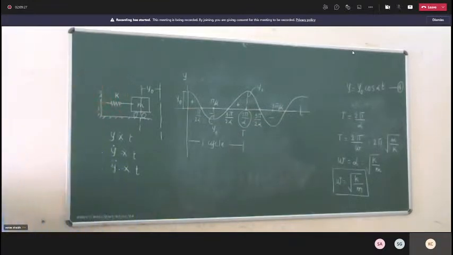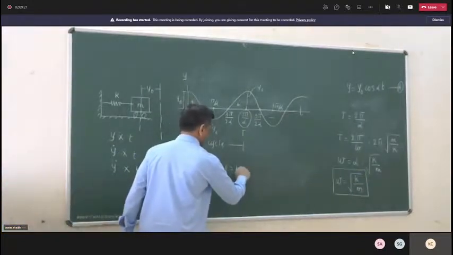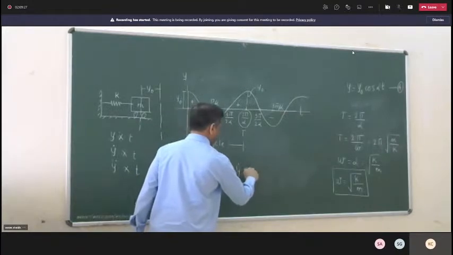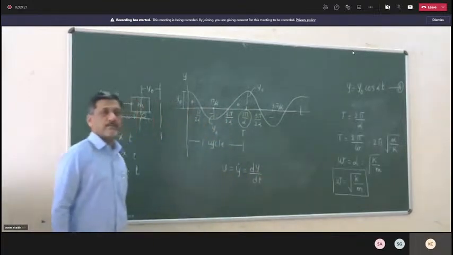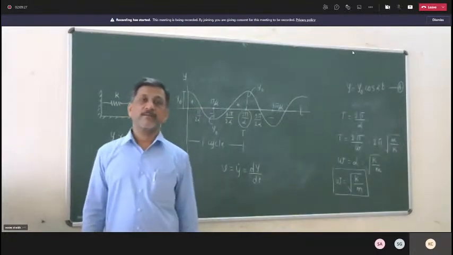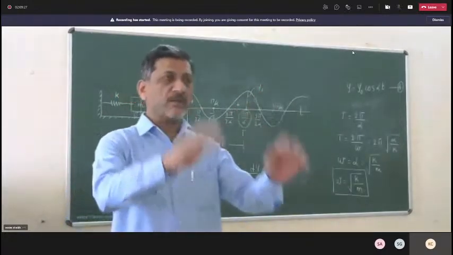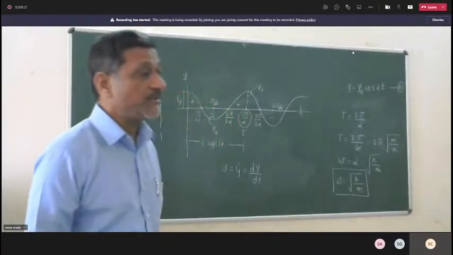Velocity is y dot, that is equal to dy by dt. What is dy by dt? What is dy by dx in general?